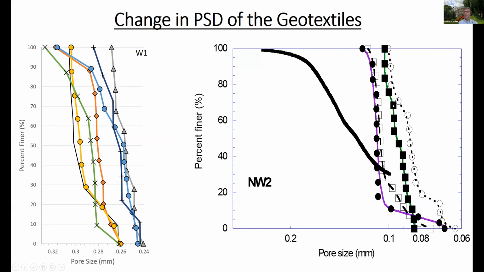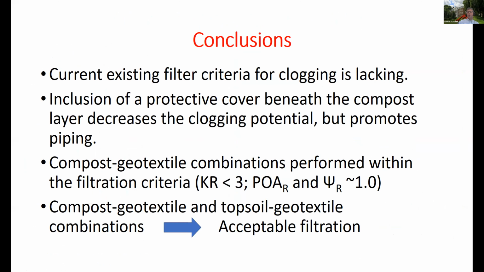And then you can see how the pore size distribution differs as a result of filtration. In terms of wovens, obviously these changes are less dramatic. You can see the virgin one here, and the changes in the woven geotextile, less dramatic because woven geotextiles have uniform pore sizes, and they don't have the third dimension.